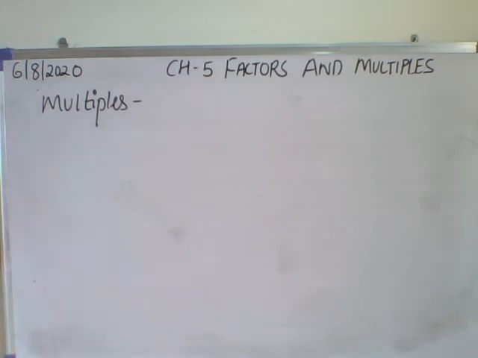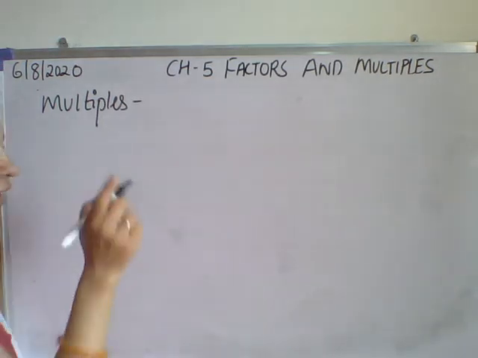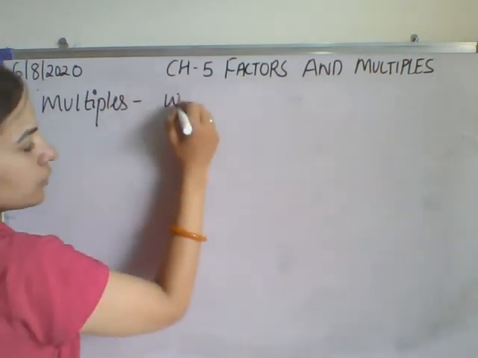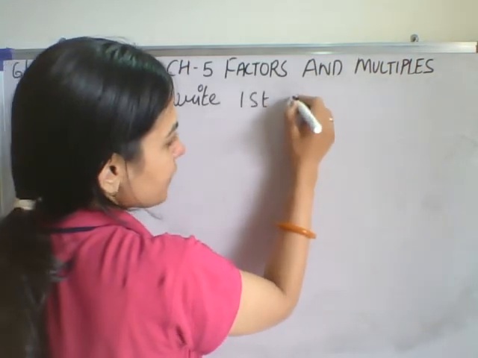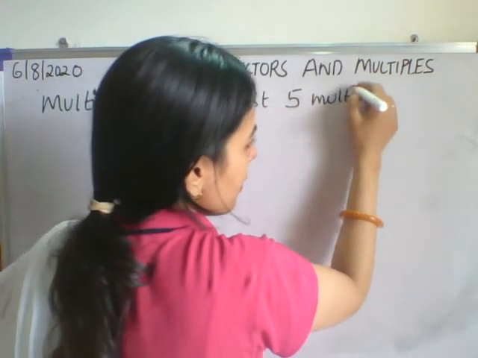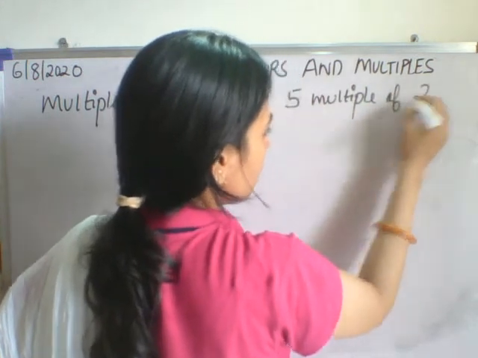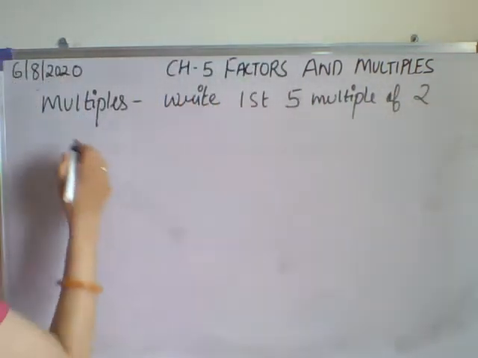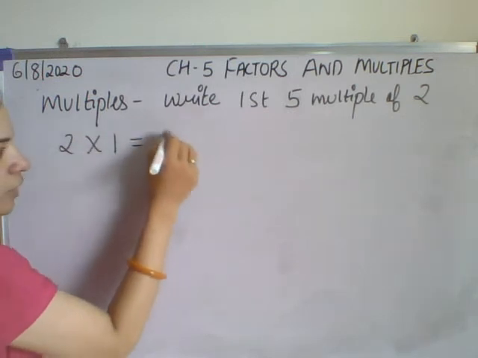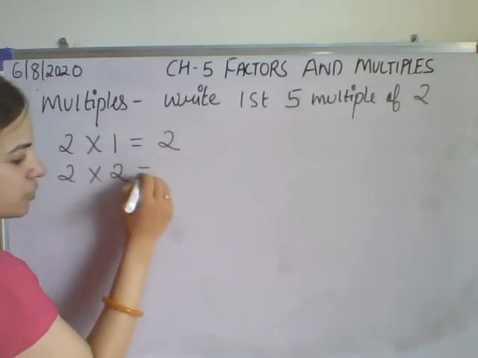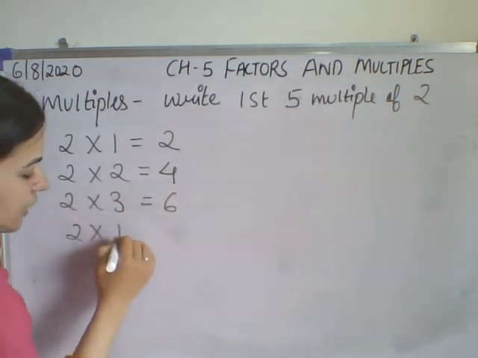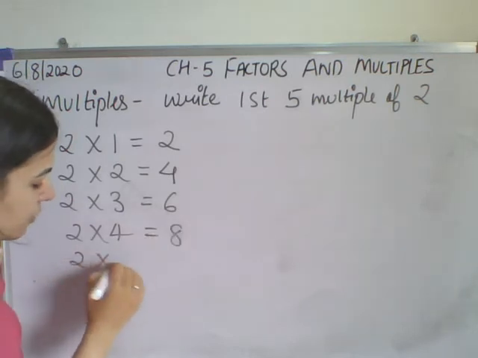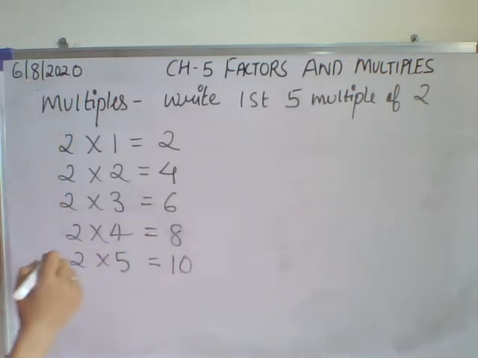If I tell you to write the first 5 multiples of 2, what are they? It will be 2 multiplied by 1 equals 2, 2 multiplied by 2 equals 4, 2 multiplied by 3, 2 multiplied by 4, and 2 multiplied by 5. So these are the first 5 multiples of 2.